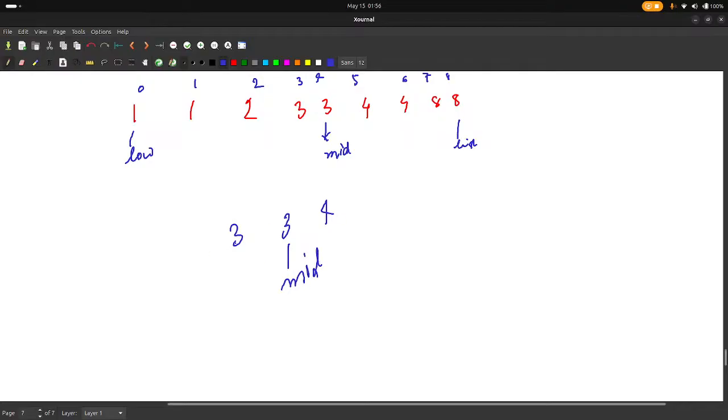I will check the mid: is this guy the same? There's also an algorithm to solve this. Actually, I don't understand the algorithm clearly.